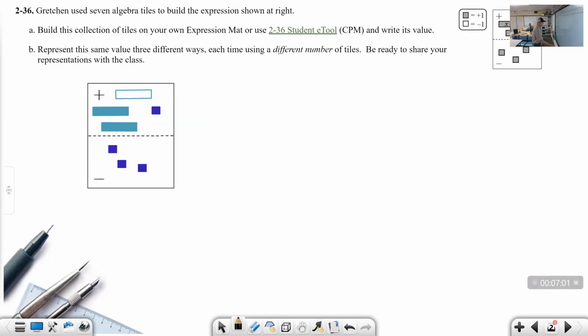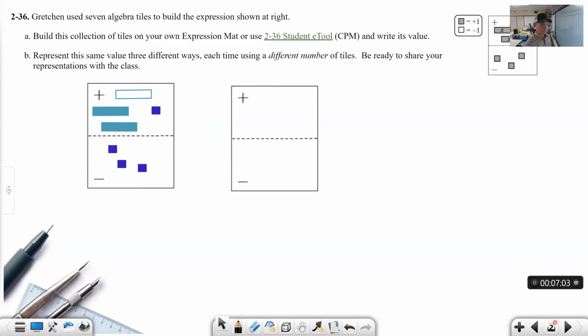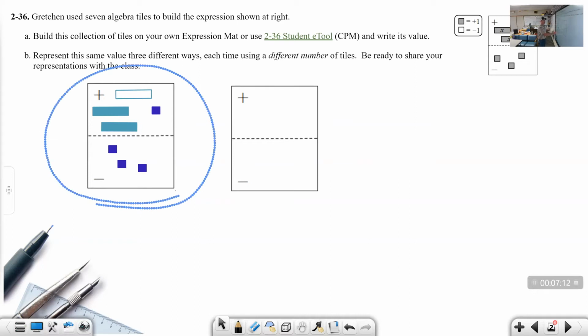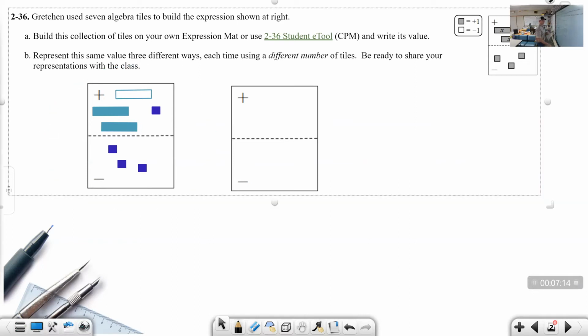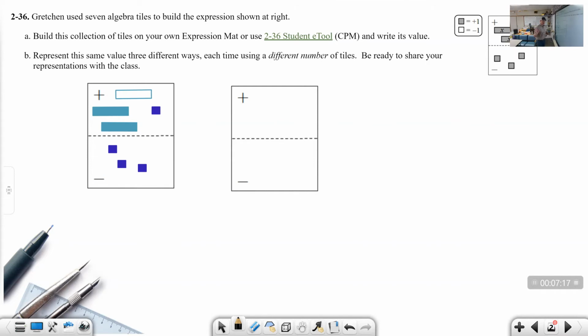So 2-36. So 2-36, we have 2 more expression mats. What I want you to do is pause and draw this right now. Okay, now above it, I want you to write what we see. We see 2x minus x plus 1 minus parentheses 3.